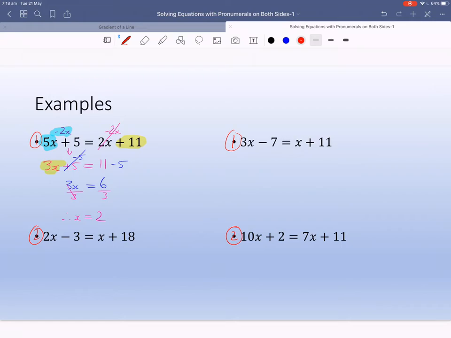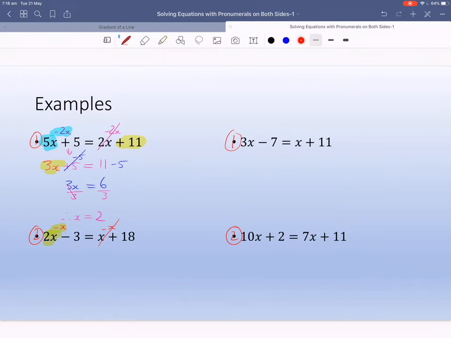Let's have a look. I've got to move something to the other side, so the first thing I'm going to move is this x. I know it's a positive x, so to undo it, I'm going to go minus x. But I can't just do that to one side, I have to do it to the other side. So now I have to solve this equation, 2x minus x.